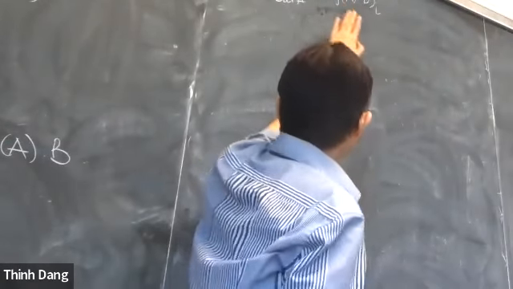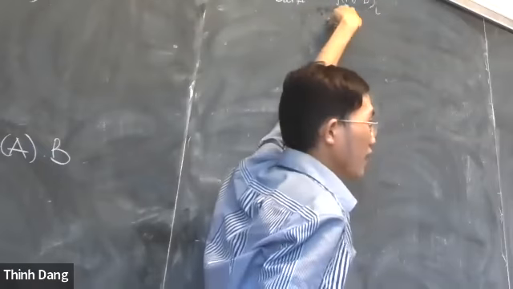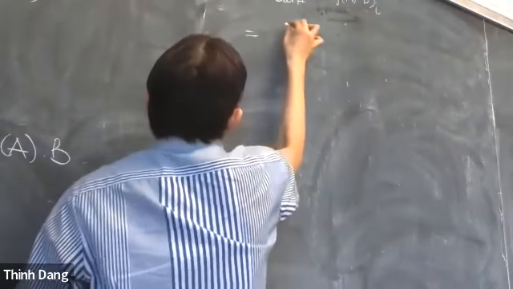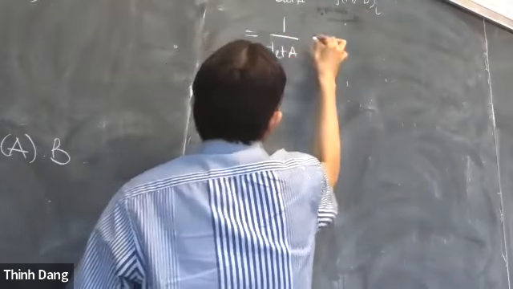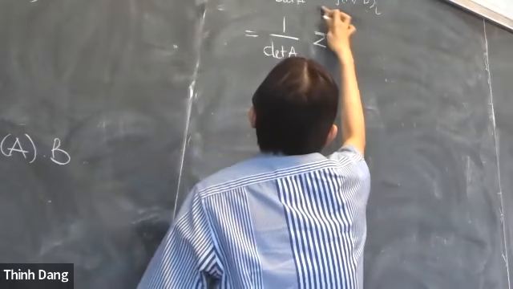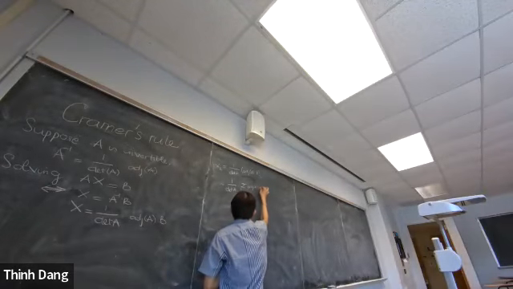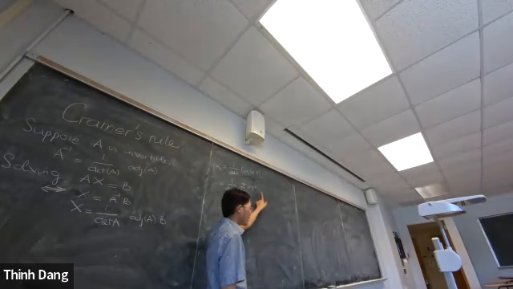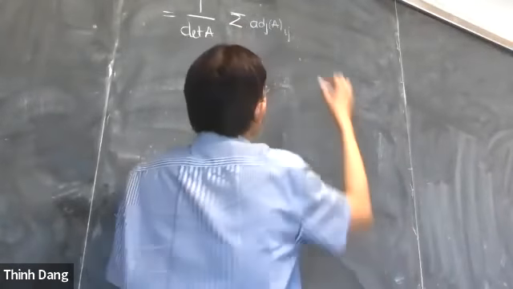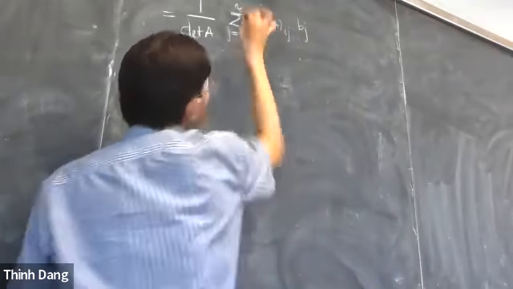Because I am trying to find the i-th entry of this multiplication, I'm going to use the i-th row from the first matrix and multiply that with the column vector B. So this is equivalent to 1 over the determinant of A multiplied by the sum of adj(A) ij times Bj, where i stands for the row and j is the column, and j runs from 1 to n.